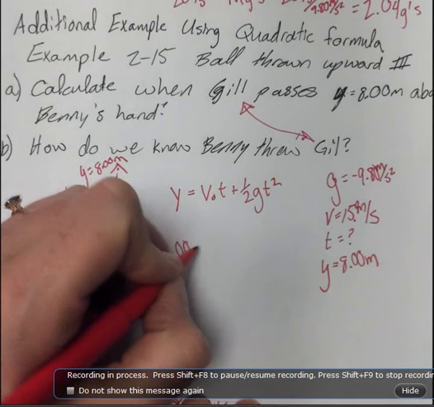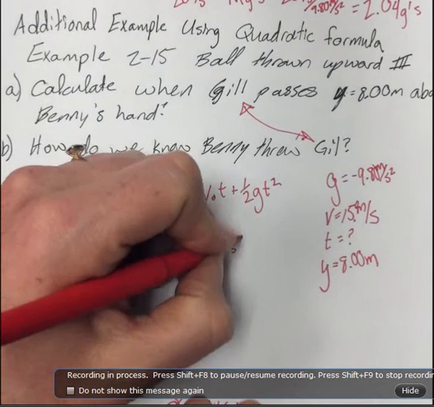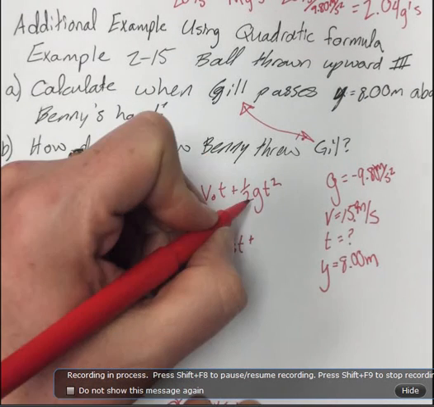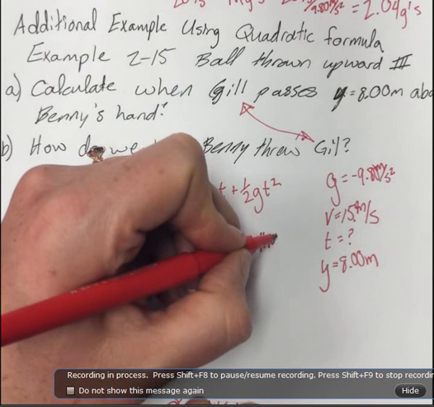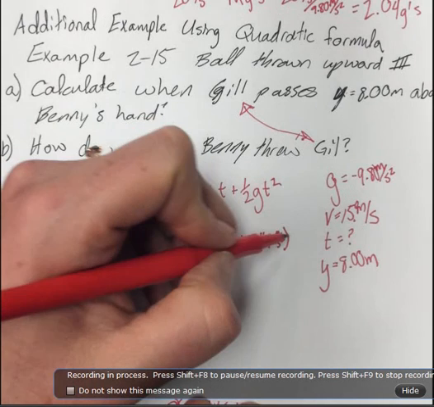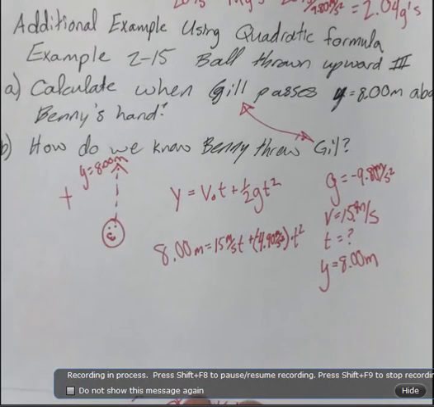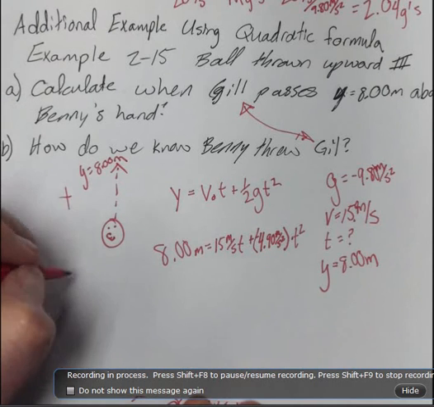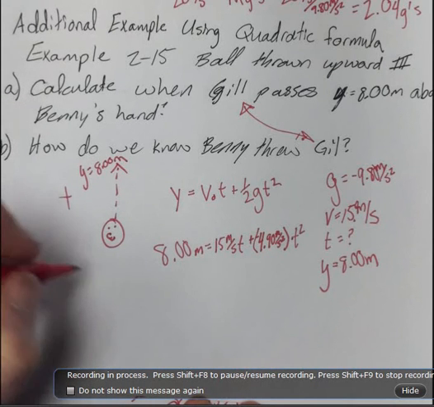So now let's solve it. 8.00 meters equals 15 meters per second times time plus 1/2 g, that's negative 4.90 meters per second squared times time squared. Now, the only way to solve this is using the quadratic equation, which is to set the whole thing equal to 0.